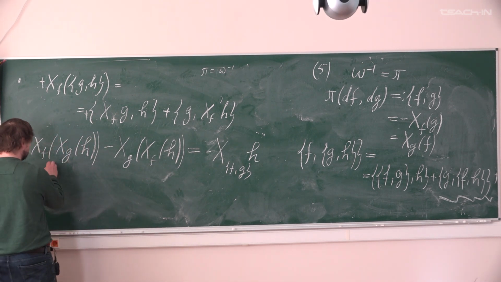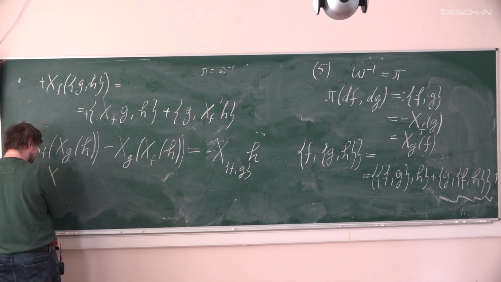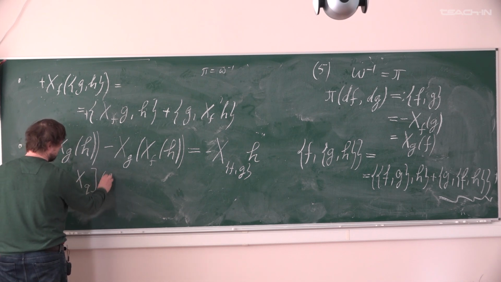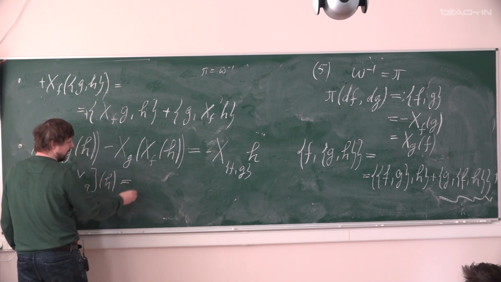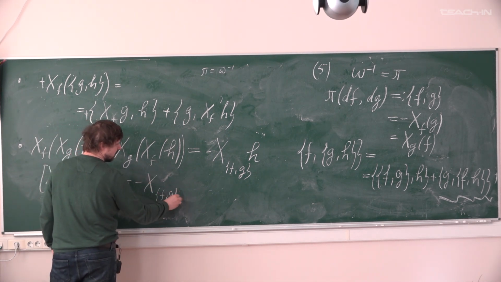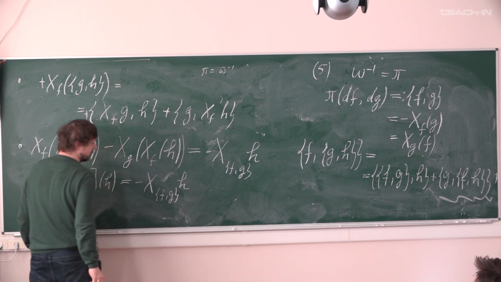So what we have on the left is actually the commutator of X_f and X_g, which you apply to h, and on the right is just minus X_{f,g} applied to h.